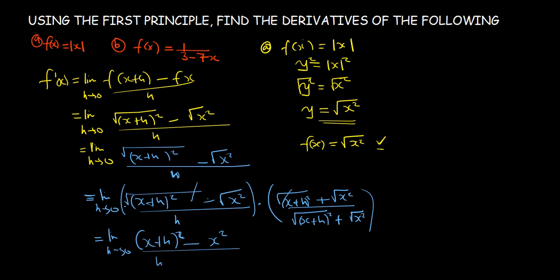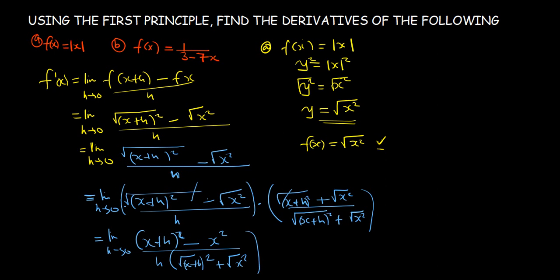Then h open bracket, root of (x plus h) squared, like that, then plus root of x squared, like that. So we are done like that.